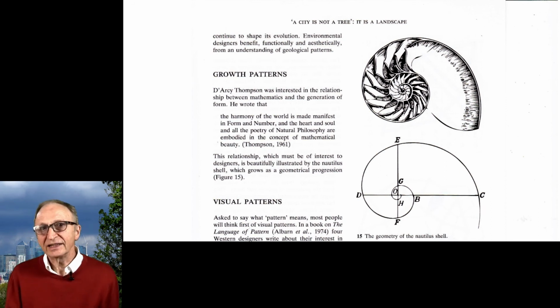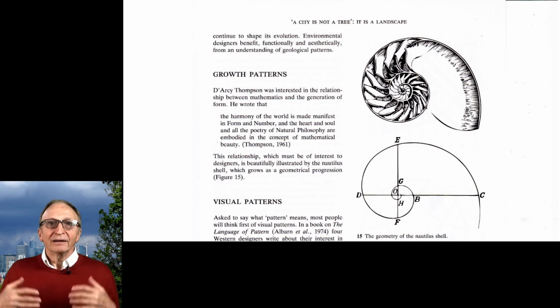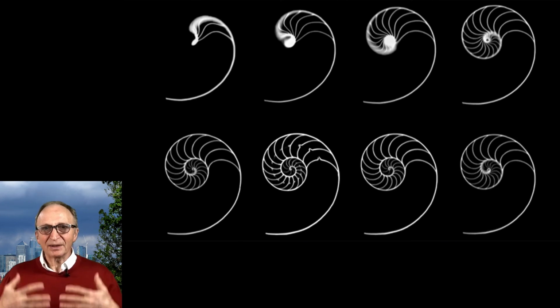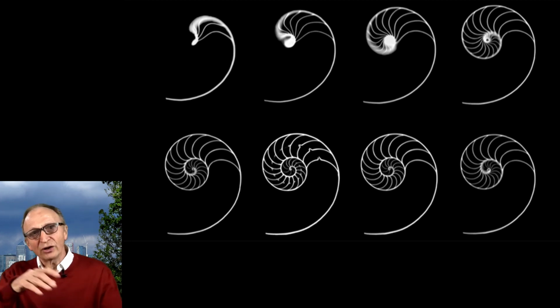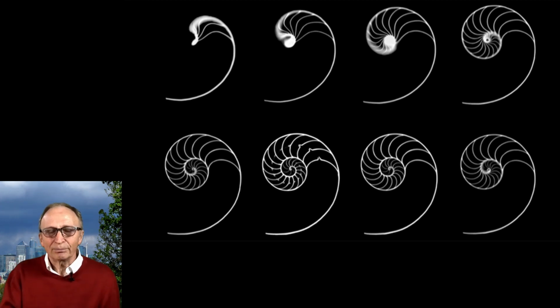He wrote in 1961 that the harmony of the world is made manifest in form and number, and the heart and soul of all the poetry of natural philosophy are embodied in the concept of mathematical beauty. This relationship, which must be of interest to designers, is beautifully illustrated by the nautilus shell, which grows as a geometrical progression.